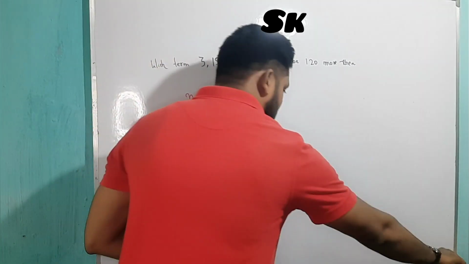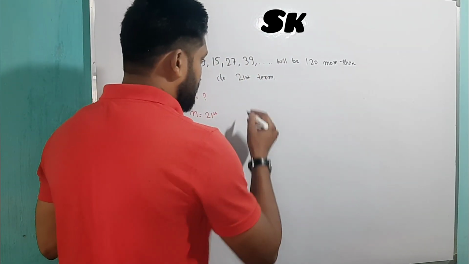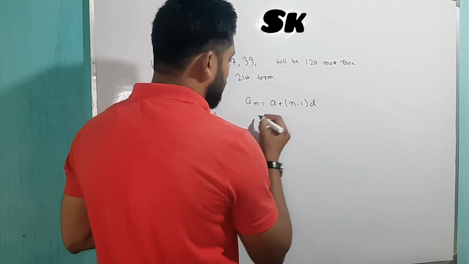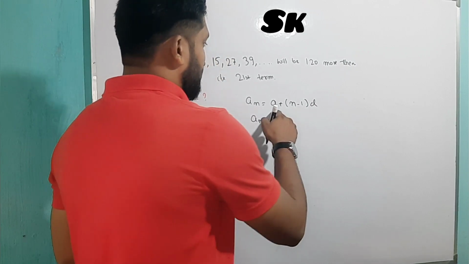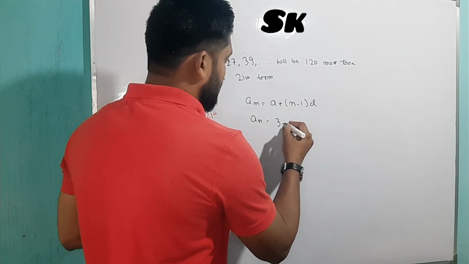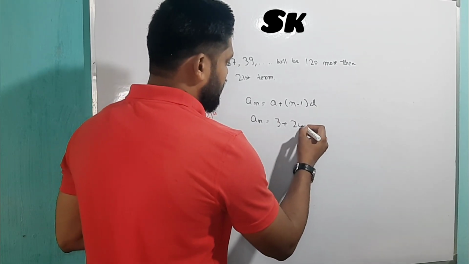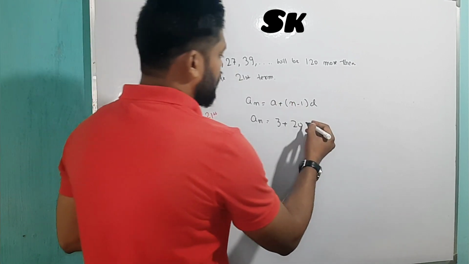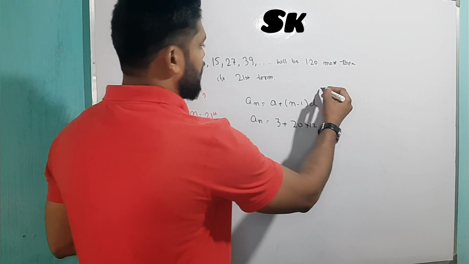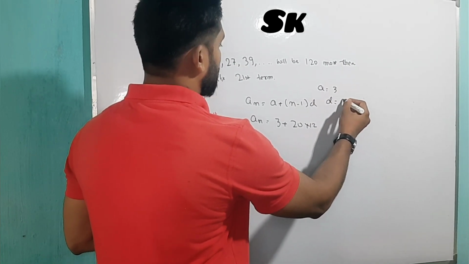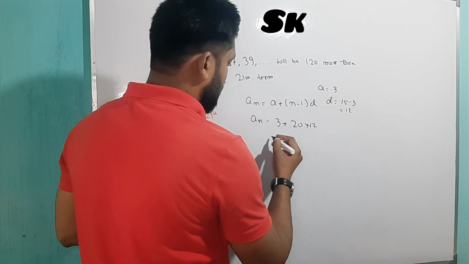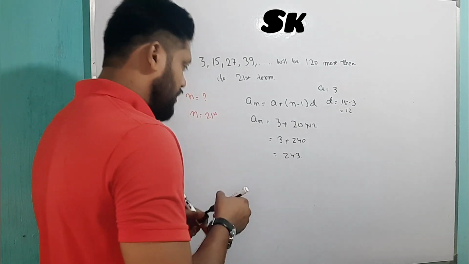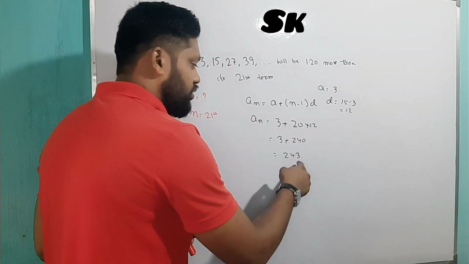So let us solve this first. a n is equal to a plus n minus 1 times d. a is 3, the first term, n is 21, so n minus 1 is 20, and d is 15 minus 3, which is 12. So 3 plus 20 into 12 gives 243. When I use 21 as n, I get 243.